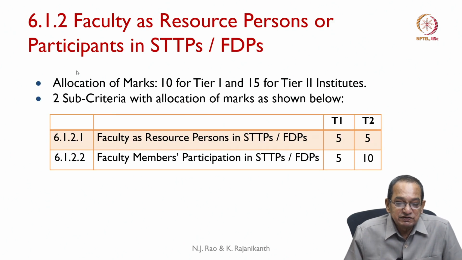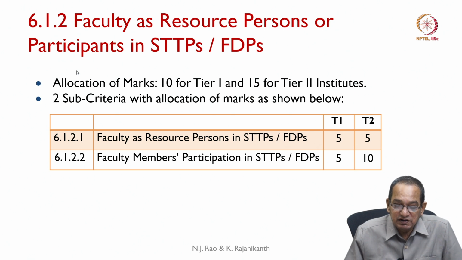The next one is faculty as resource persons or participants in STTPs or FDPs. So, the faculty might be, as a part of the STTP, a resource person or a participant. Both are useful contributions and learning activities. So, that is under 6.1.2. Allocation of marks 10 for Tier 1.